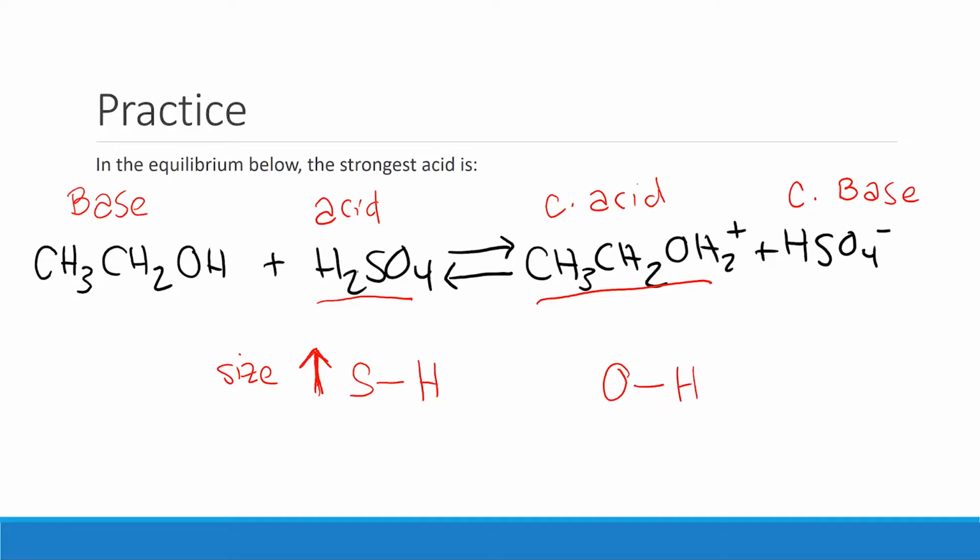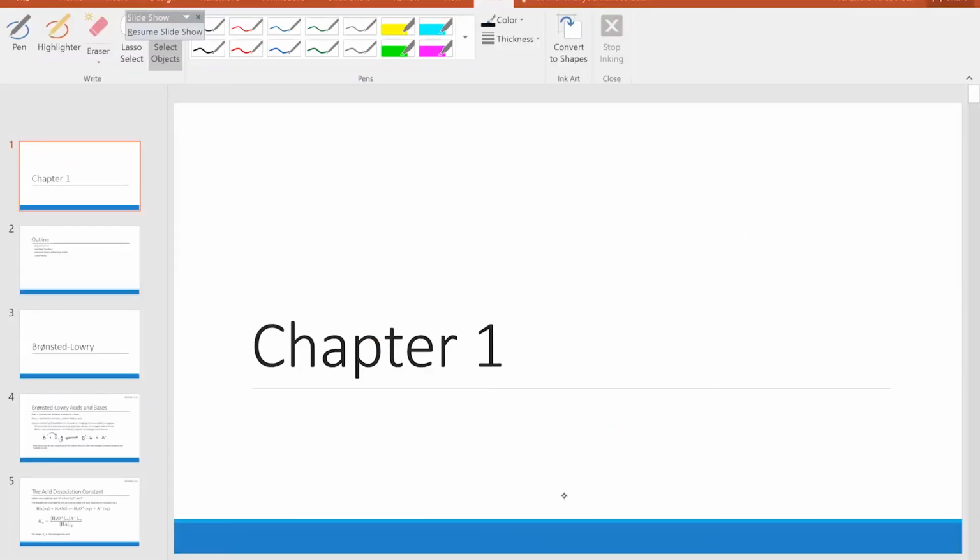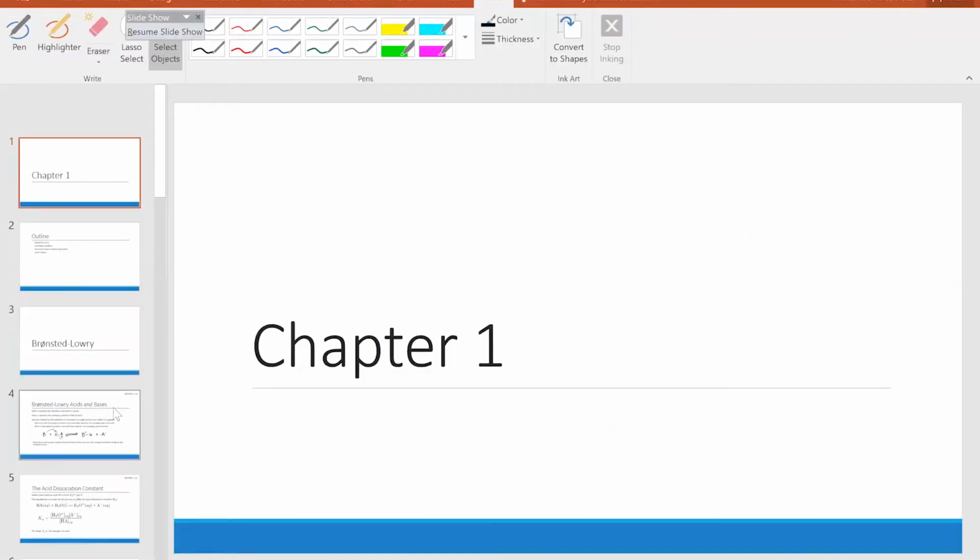But another factor we can think about is the inductive effect. What is around these protons? And again, just look at the formula. What else is attached here? On this acid, we have 4 oxygens. So 4 oxygens versus on this other end, we have some carbons and hydrogens.